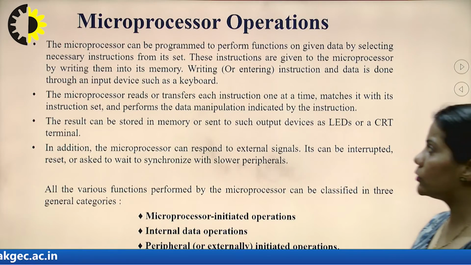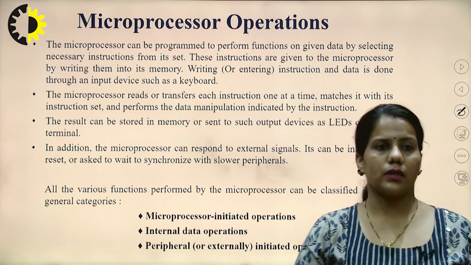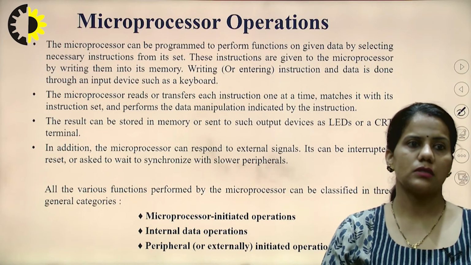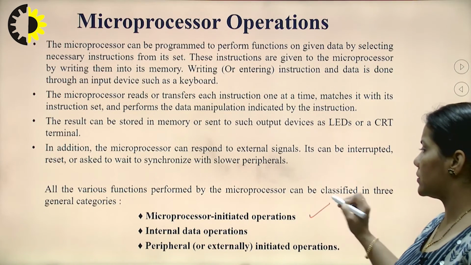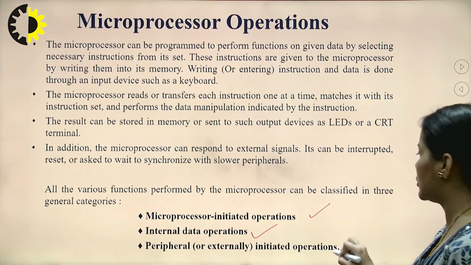So, we can conclude that the microprocessor operations can be categorized under three categories: microprocessor initiated operations, internal data operations, and peripheral initiated operations.